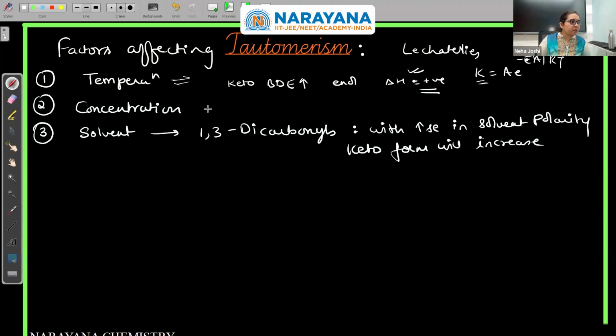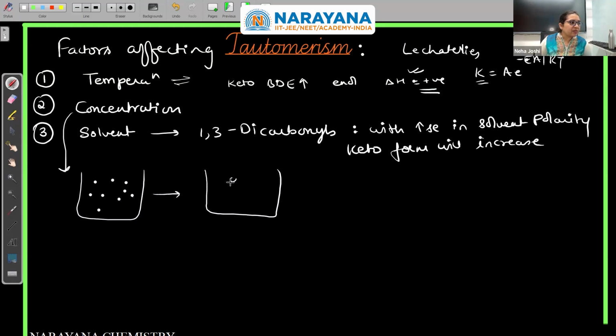That is why. And concentration is not always a factor, but in certain cases, when we put n number of molecules, they cluster like this. So I might have added say 10, but they are behaving like 7 or so.